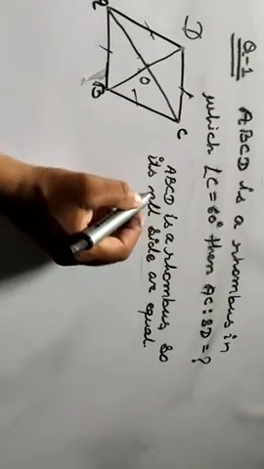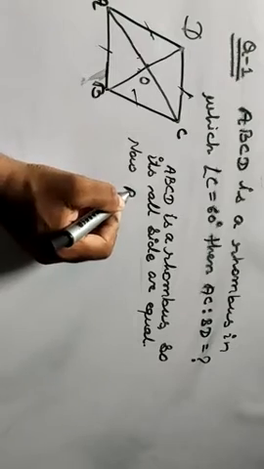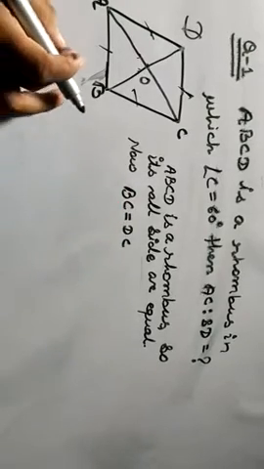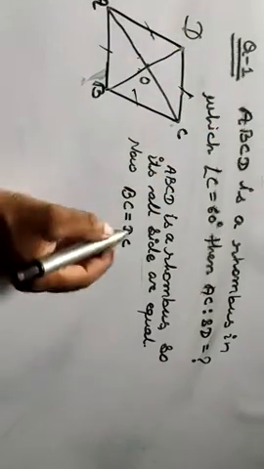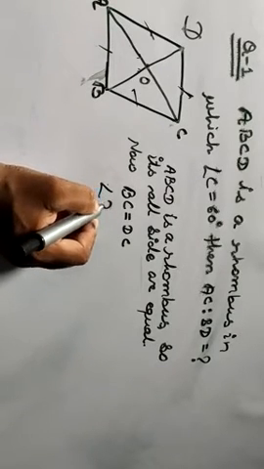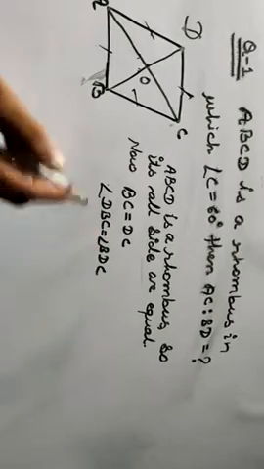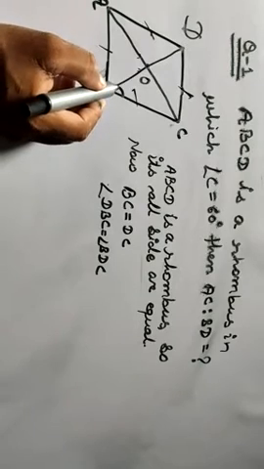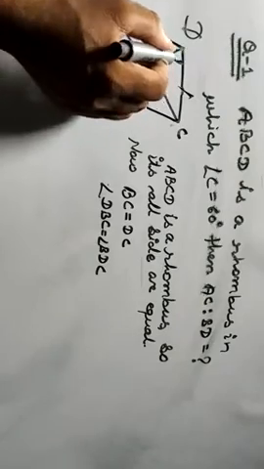Now we can write BC equal to DC, right? And angle DBC is equal to angle BDC.